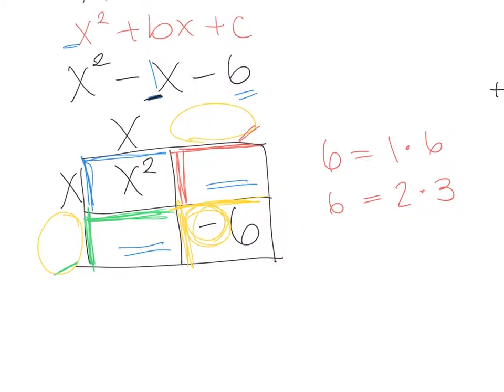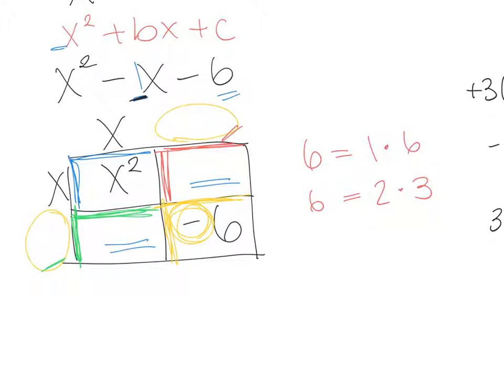If I decided to do positive 1 plus a negative 6, or 1 minus 6, this is not going to give me a negative 1. And if I had a negative 1 plus 6, that also is not going to give me a negative 1. So I'm done with those.